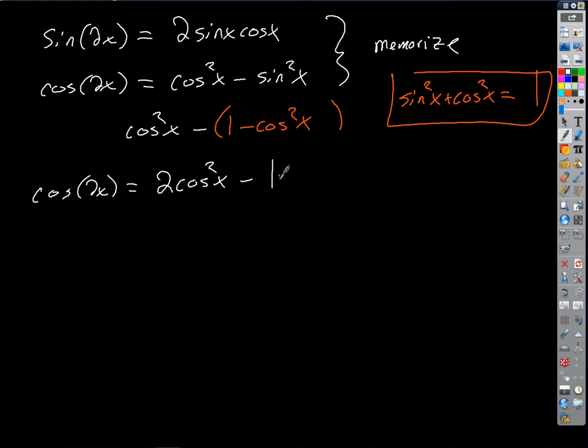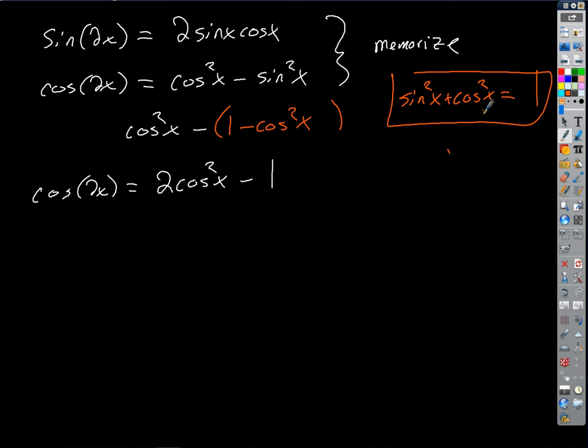But what if we need to write it in terms of just sines? Just do the opposite, right? All we'd have to do there is say cosine squared x, which is what? If I solve for cosine squared in terms of sine squared, what am I going to get? 1 minus sine squared, right?